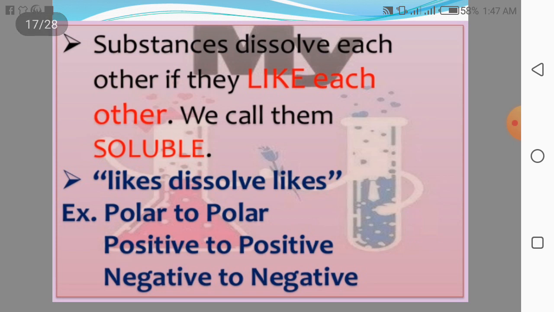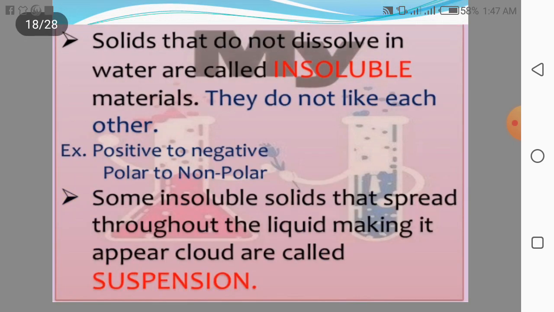Next, we are going to discuss soluble and insoluble. Substances dissolve in each other if they like each other. A substance that will dissolve is said to be soluble, and the one which does not dissolve is known as insoluble.